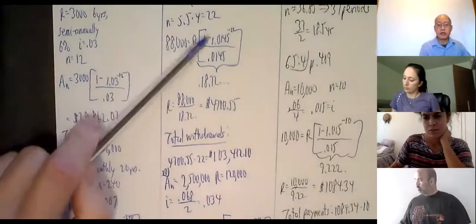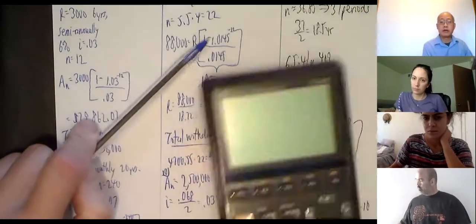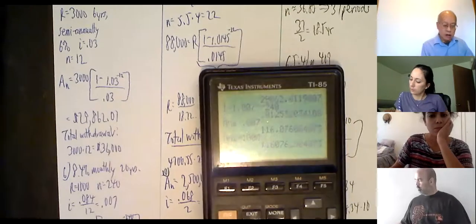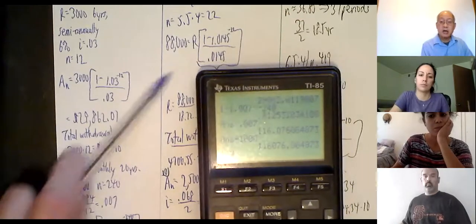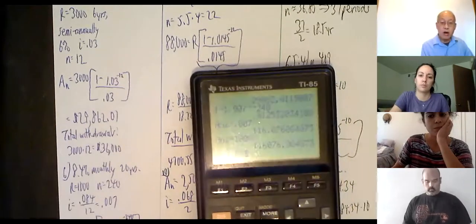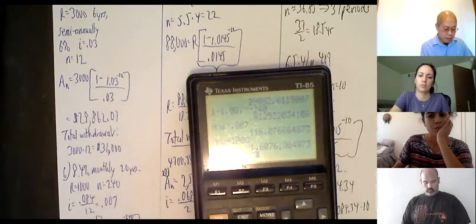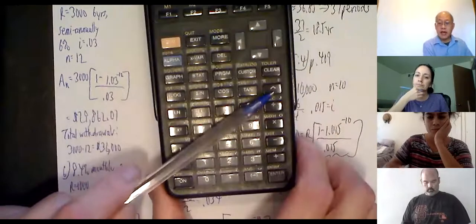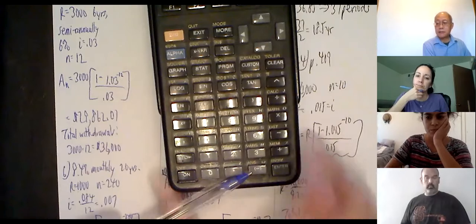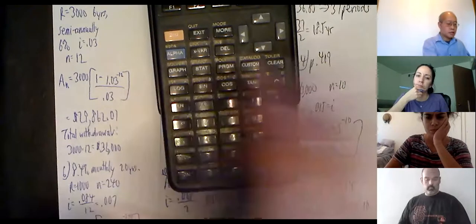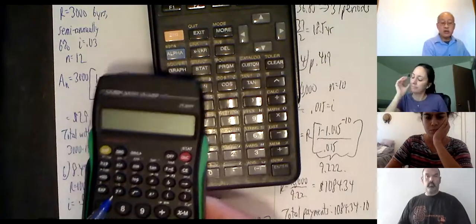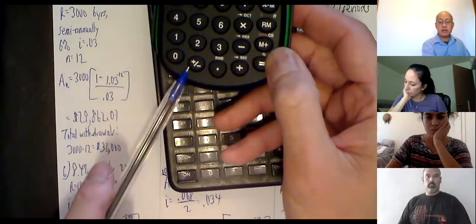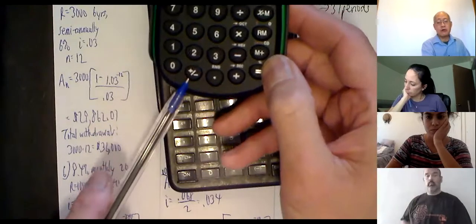Let me actually try to work this out for you on my calculator, and hopefully you'll be trying to figure that out also. So 1 minus 1.0145 exponent negative 22. On this calculator, exponent is y to the x. To get a negative, it's probably the plus or minus key, and you have to go backwards probably.